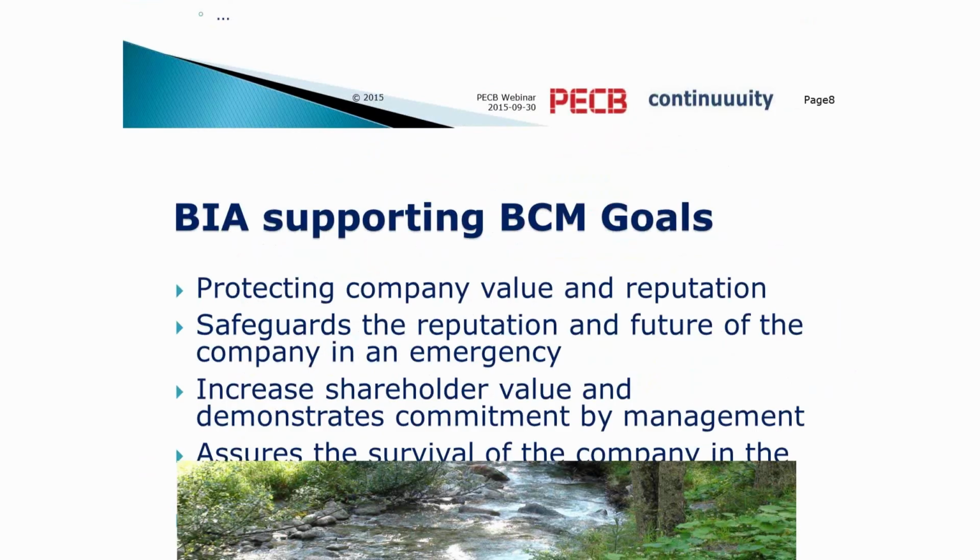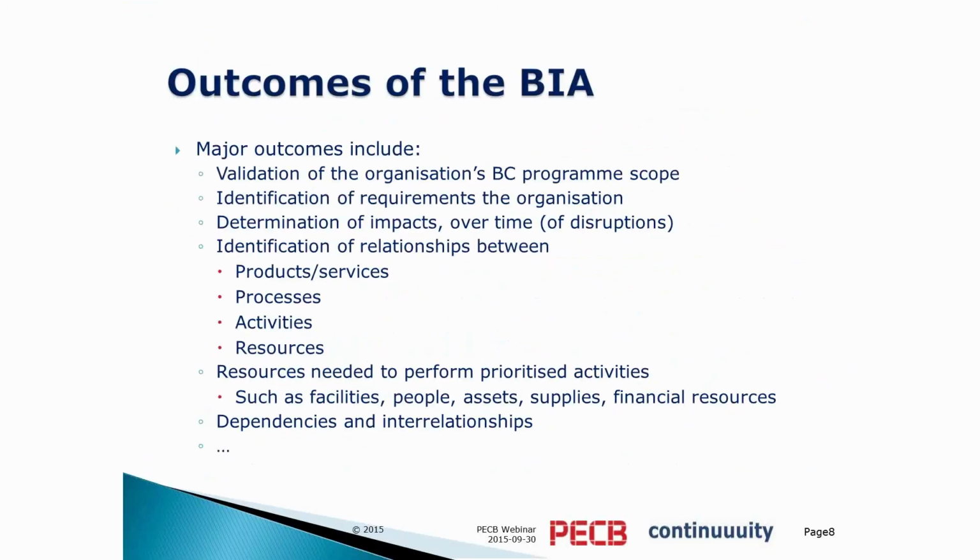Of course, suppliers are one of the main resources. Everyone is depending on suppliers. We live in an economy with different specialized organizations. Suppliers have to be taken into account when doing the BIA, especially if we have a monopoly supplier.